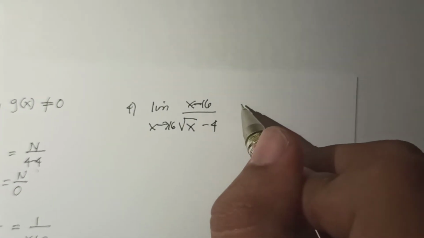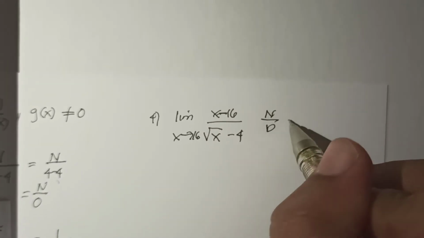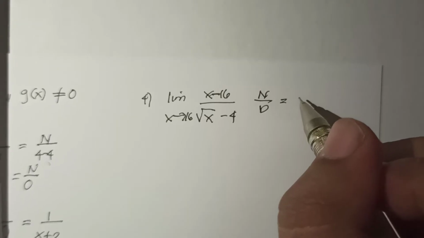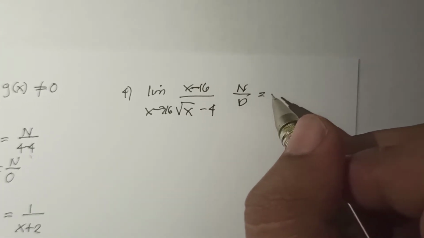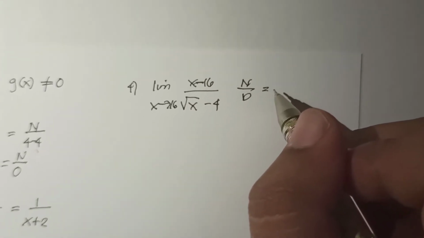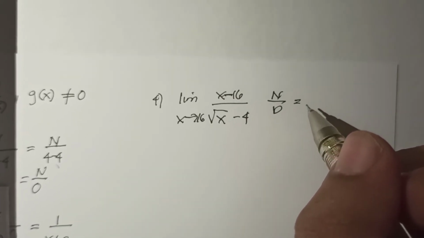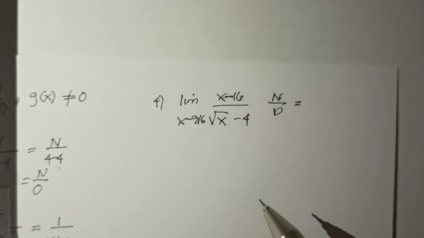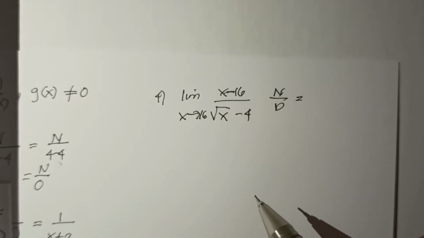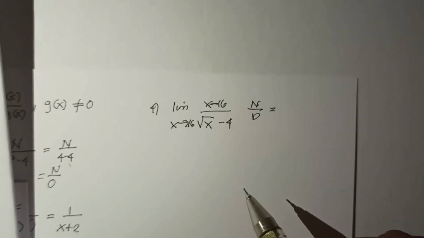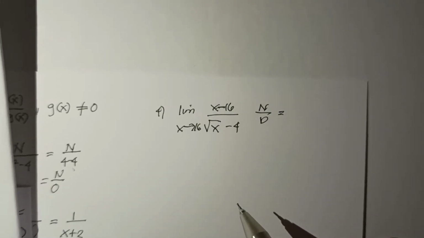By our process, we have n over d, numerator over denominator. So the denominator should not be 0 for the limit to exist. If it is 0, we will find ways on how to make it exist, if possible, whether the limit can still exist. If not, it equals 1 over 0 still, even though you factored it or you simplified it.